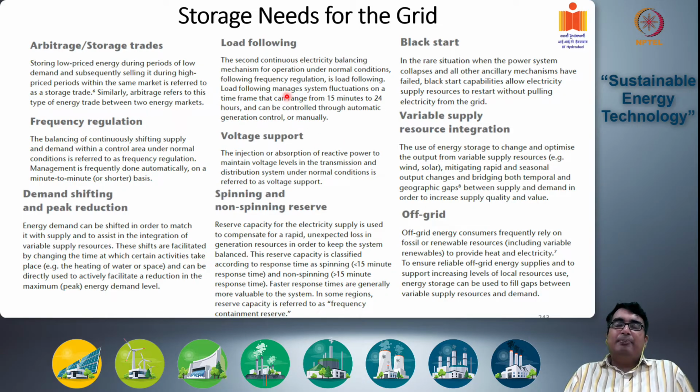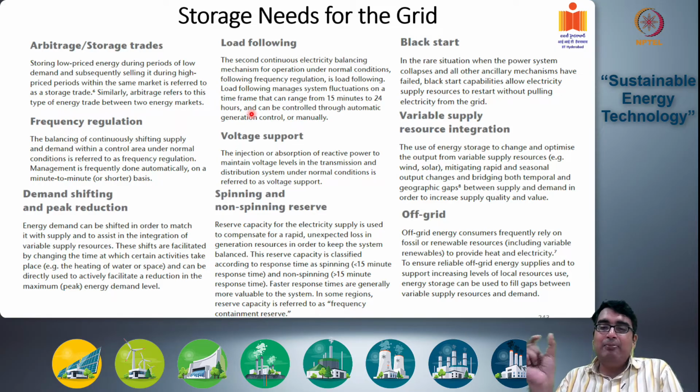Another very important application is load following, the second continuous electricity balancing mechanism for operation under normal conditions. The first is frequency regulation, the second is load following. Load following manages system fluctuations on a time frame that can range from 15 minutes to 24 hours.